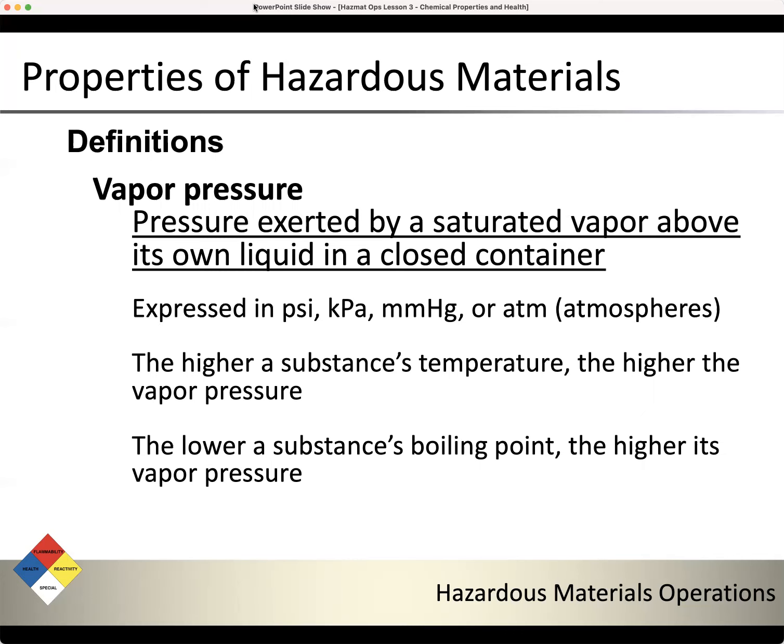Temperature relates to a substance's vapor pressure. The higher a substance's temperature, the higher the vapor pressure. This is pretty evident even with water. If we put the same amount of water in two identical pans, we heat one pan and we let one pan remain at room temperature.